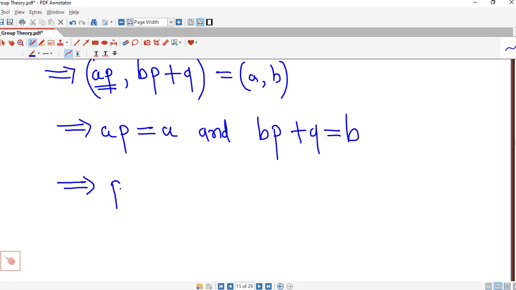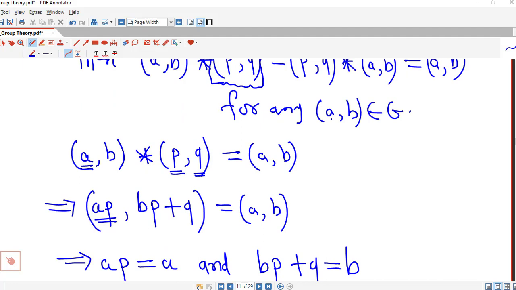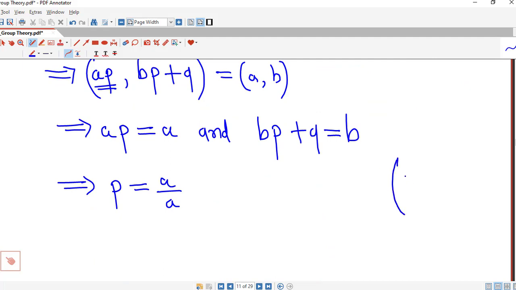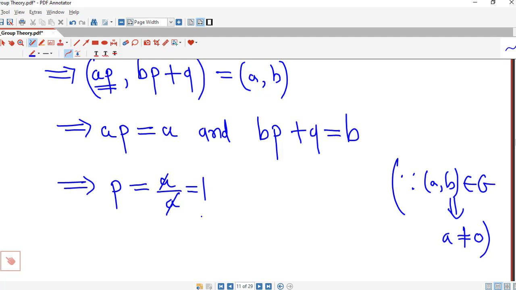This gives me P equal to A by A. Now this ordered pair (A,B) is an element of G, so therefore A is non-zero. So we can cancel out A, because (A,B) is an element of G, and an element of G has this property, the first component must be non-zero. So I can cancel out A because A is non-zero, and I obtain that P equal to 1, and I can put P equal to 1 here.